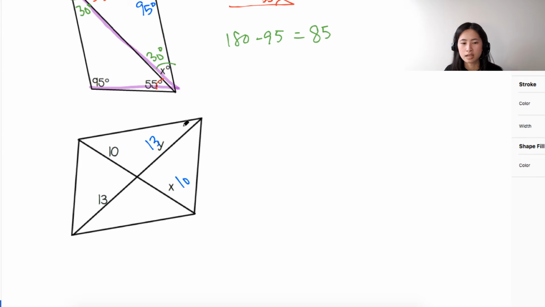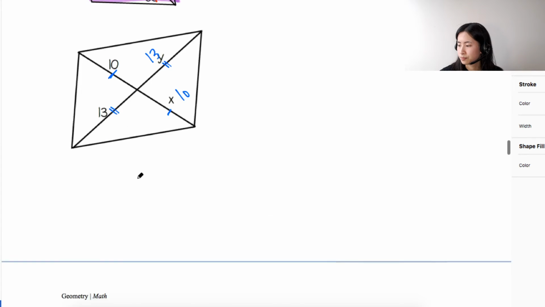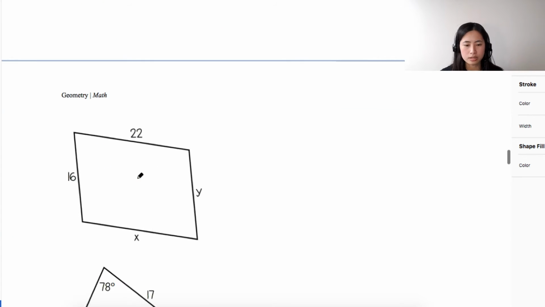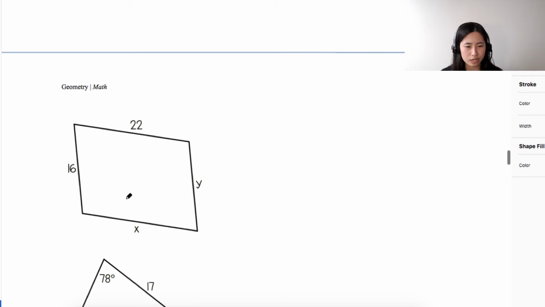Does that make sense? Although it's a parallelogram, this and this are not equal. However, when you have this point over here, this and this one are equal, and these are equal. So that's what a parallelogram looks like. That's for diagonals.